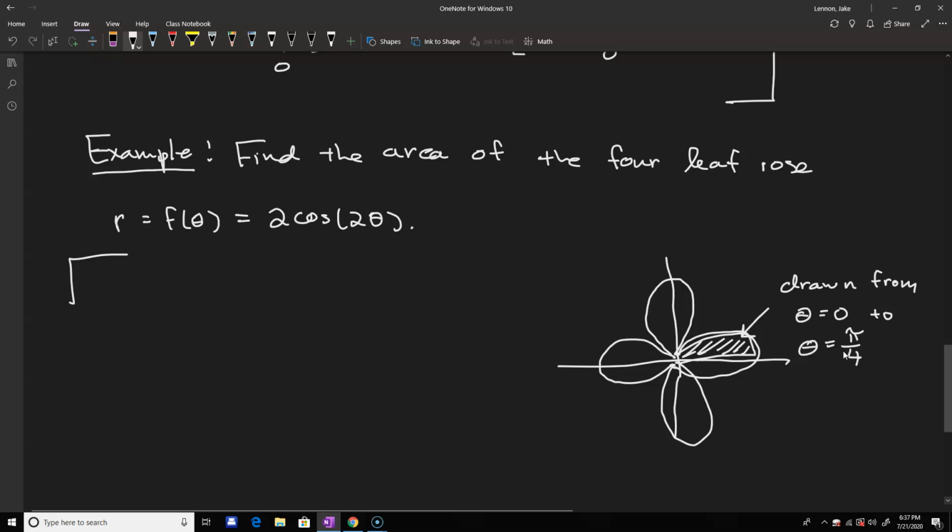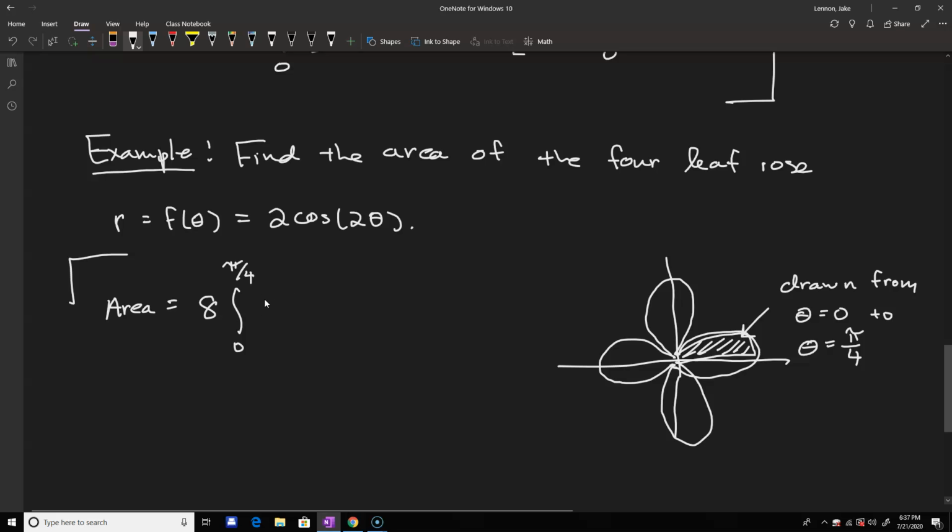That's 1/2 of one petal, so that's going to be 1/8 of the entire area. So if we want to figure out the area, we can just use symmetry and multiply that by 8. Let's go ahead and do that. So the area here is going to be 8 times the integral from 0 to pi over 4.